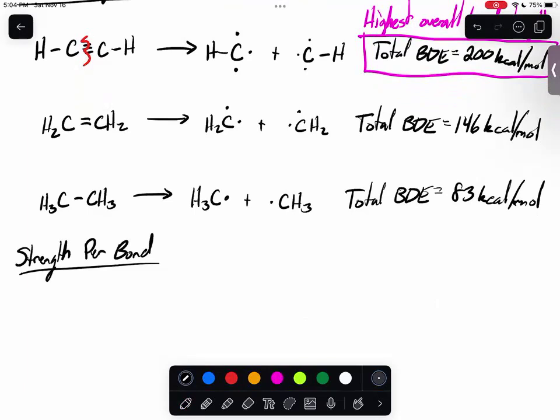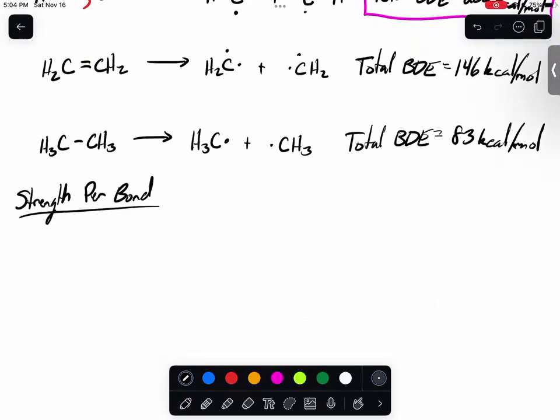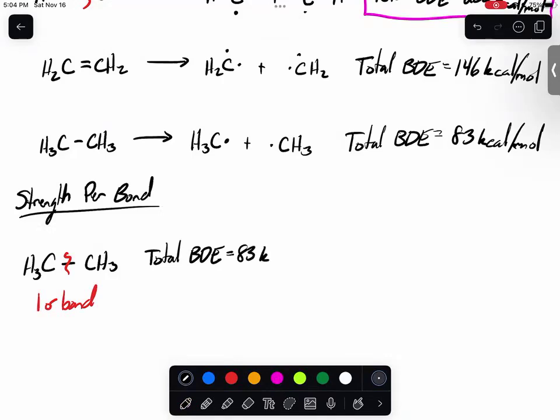Starting from the lowest total BDE, looking at the CH3CH3, what we're actually breaking is that single sigma bond. And so our total BDE, which we had just written down as 83 kilocalories per mole, is also the BDE of our sigma bond. So our sigma bond BDE happens to also be 83 kilocalories per mole.